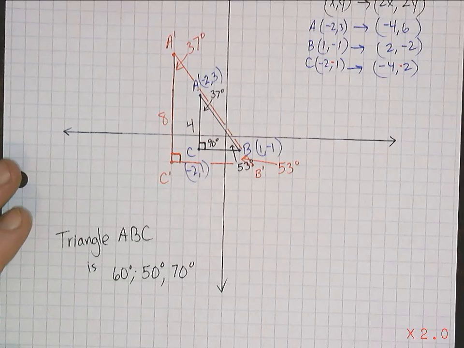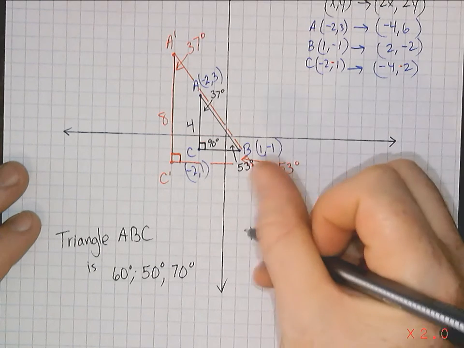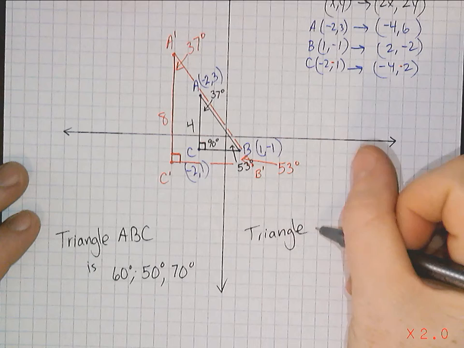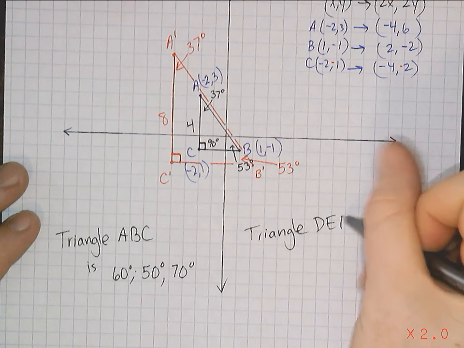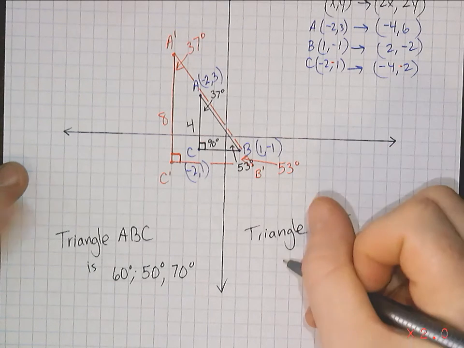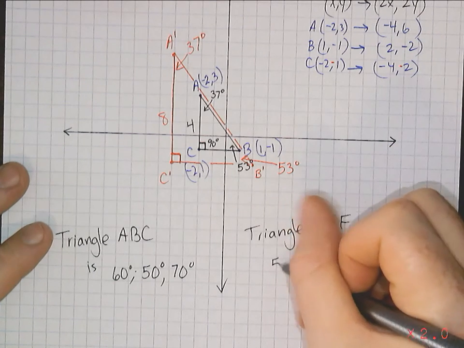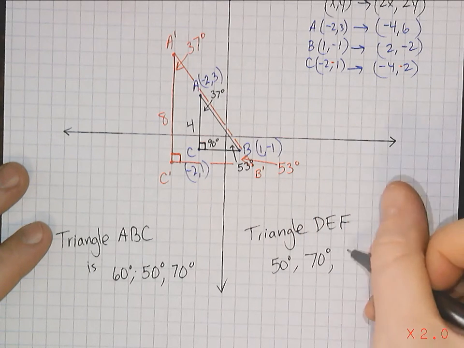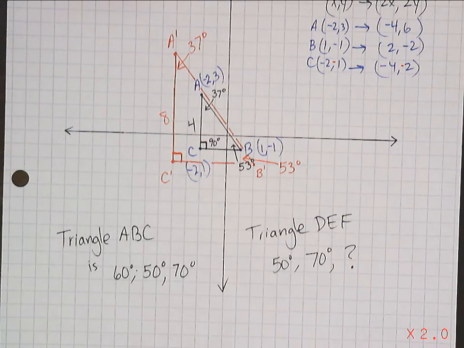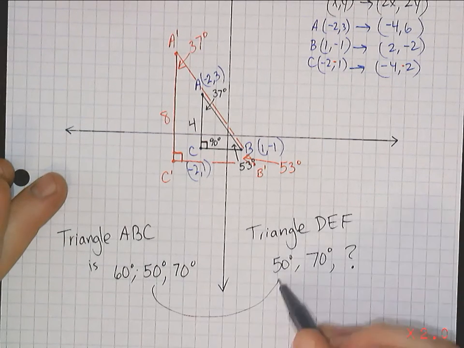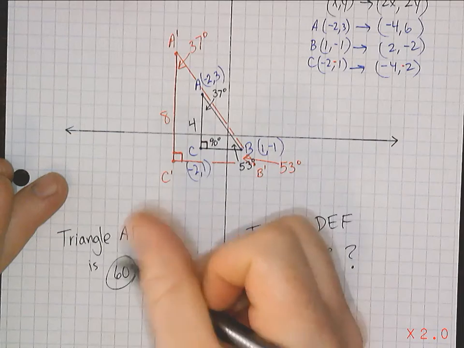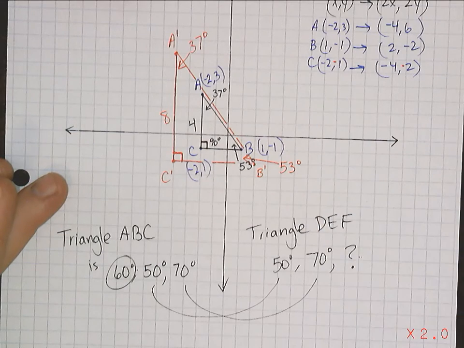And then triangle DEF is, let's say, one angle is 50 degrees, the other angle is 70 degrees, but we don't know that third angle. Well, if you notice, they have the same pair of angles. The only thing that they're missing is a 60-degree angle. This has to be 60 degrees.